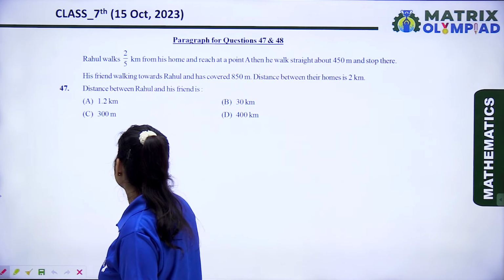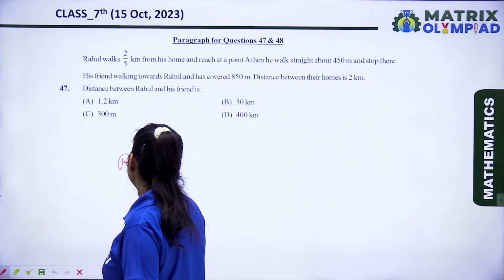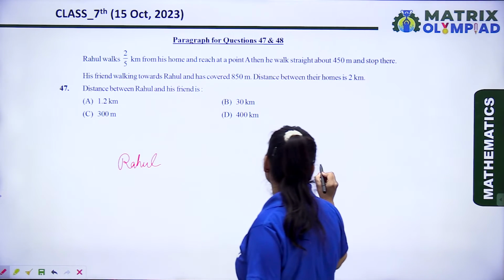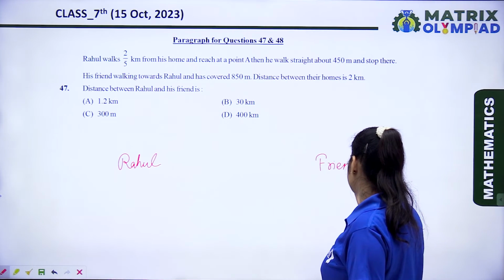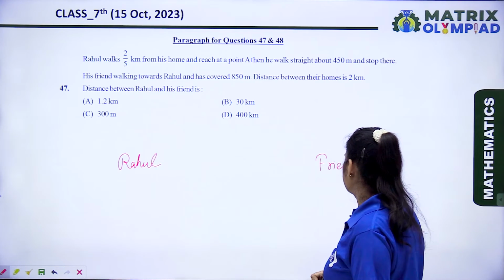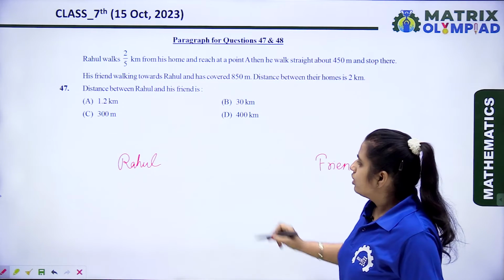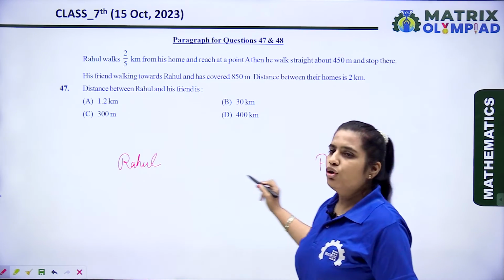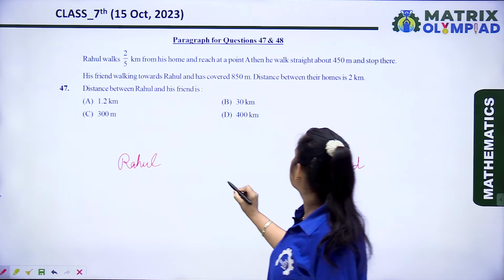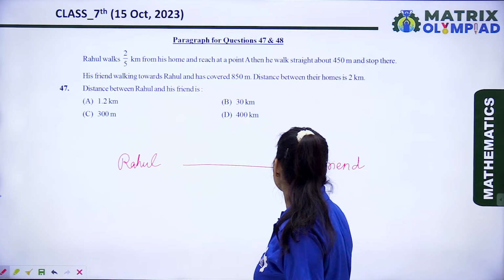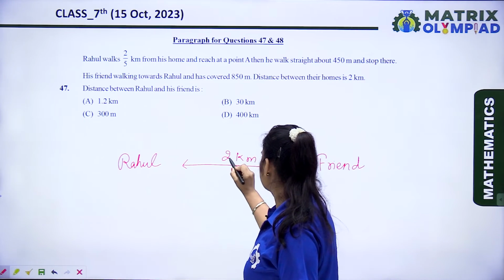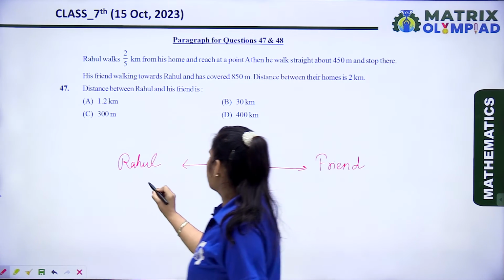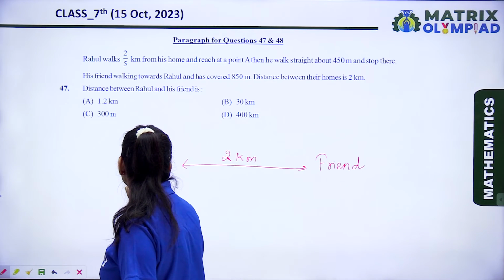So let's mark Rahul's home and his friend's home. So the distance between Rahul's home and his friend's home is 2 kilometer. So this is the distance in between their homes.